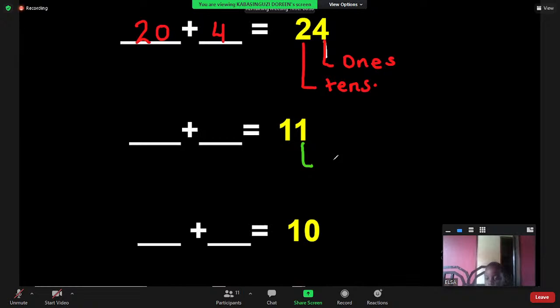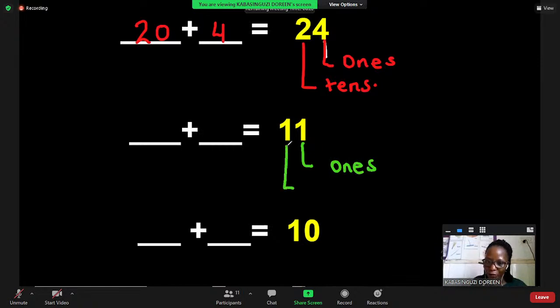Place value, not the number. What is the place value of 1? Is it ones or tens? It's ones. Ones, thank you. And what is the place value of this other 1 in front of it? It's tens. Tens, thank you.